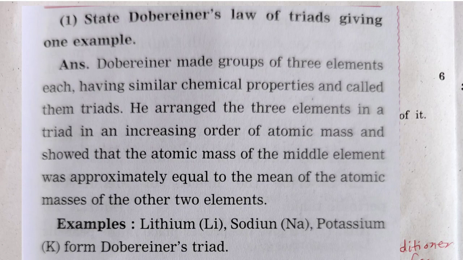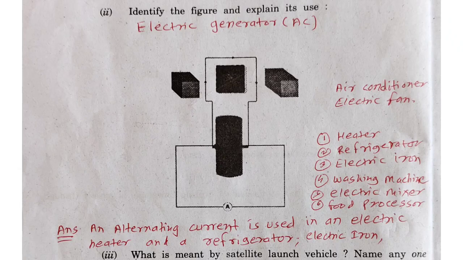He arranged the three elements in a triad in increasing order of atomic mass and showed that the atomic mass of the middle element was approximately equal to the mean of the atomic masses of the other two elements. Example: lithium Li, sodium Na, potassium K form Dobereiner's triad.